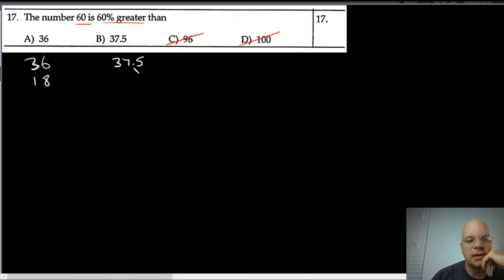If that's 100, okay, this is equal to 100%. I'm looking for 160% if it's 60% greater. 10% of 37.5 is 3.75.